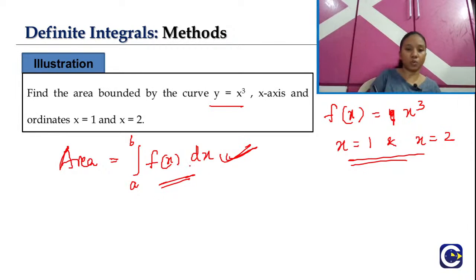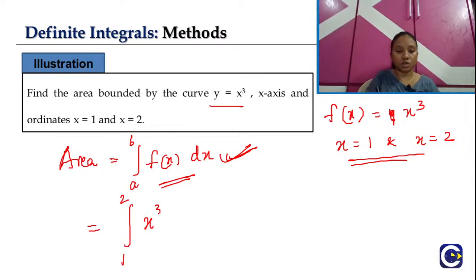So let's see how we'll be doing it. Here, what are our limits? a to b, that is nothing but 1 and 2. So integration from 1 to 2 of f of x. What is our function? x cube. So x cube dx, integration of x cube will be x power 4 by 4, and our limits are from 1 to 2.